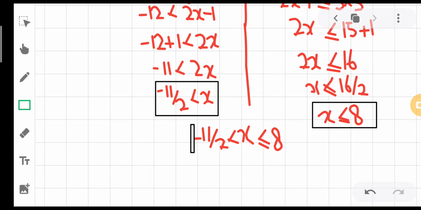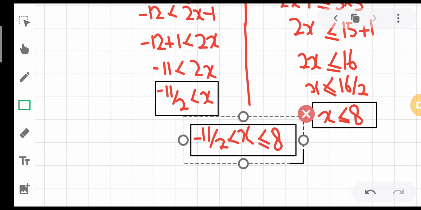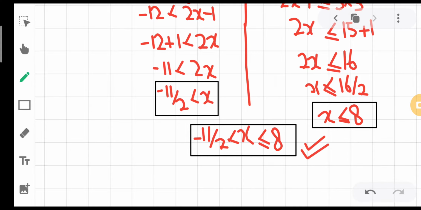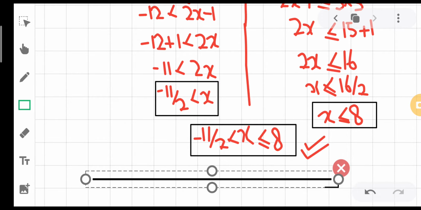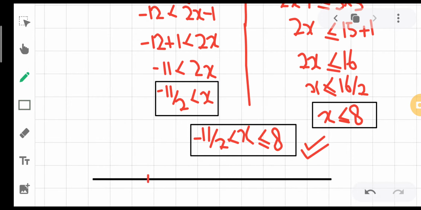So this is the final answer or final solution for the following inequality. However, if the examiner asks you to draw the number line, the number line will look somewhat like this. I'm drawing the number line here in clear space. You are supposed to write first the number that is -11 divided by 2, and here you are going to write the number that is 8. Finally, x is greater than -11 by 2, shifting rightward.